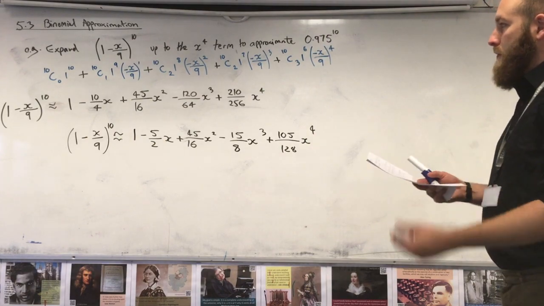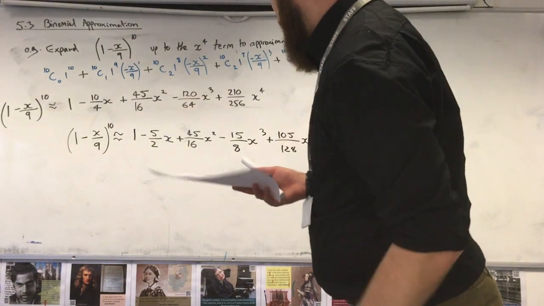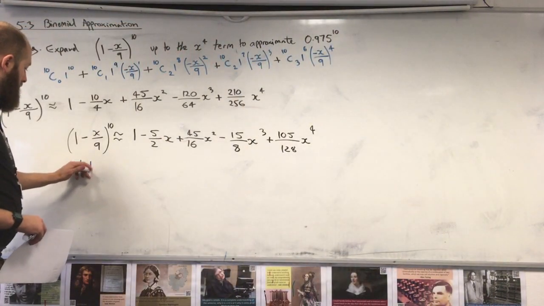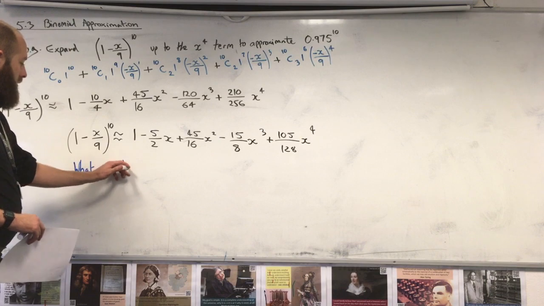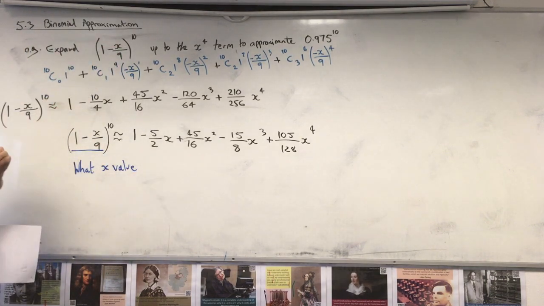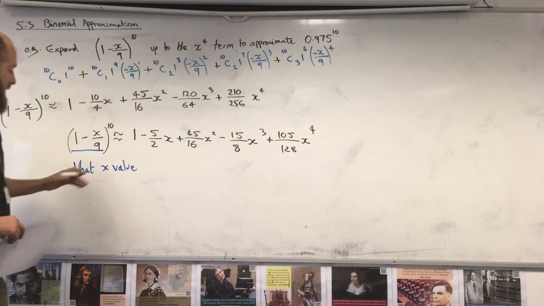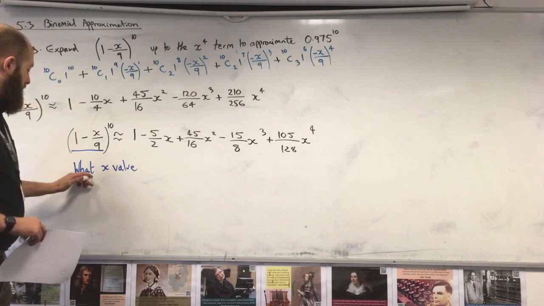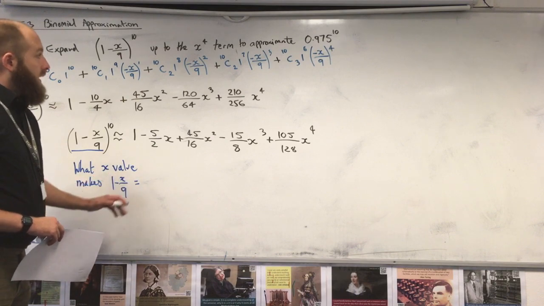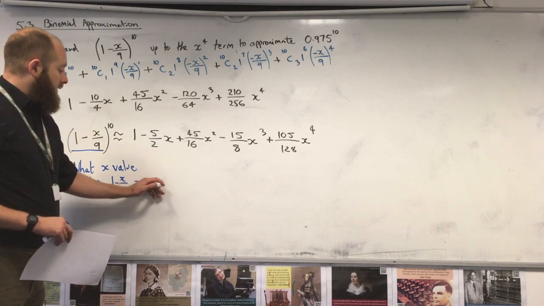Basically, to do the approximation, we need to work out what x value makes this bracket equal 0.975. So what x value makes 1 minus x over 4 equal 0.975?